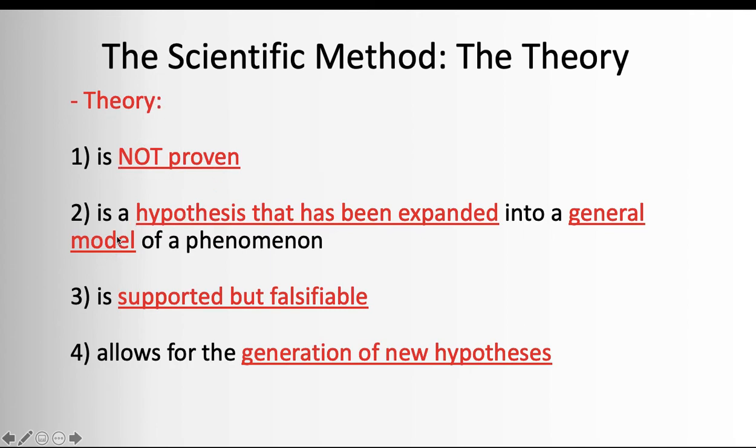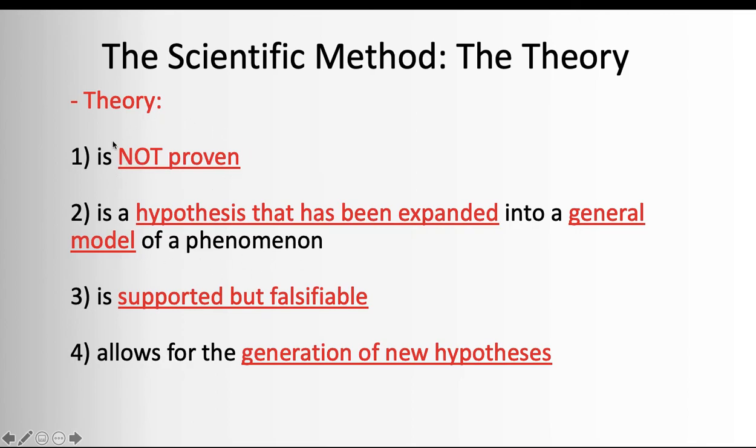A theory is a hypothesis that has been expanded into a general model. And this is because we have tested the hypothesis over and over and over with many different types of experiments, and it has held up so far. And so then we can expand it to a general model of observing a phenomenon.